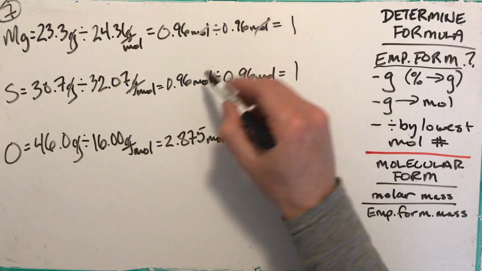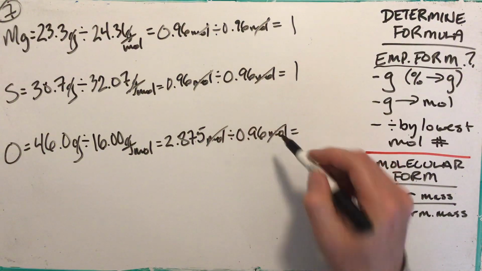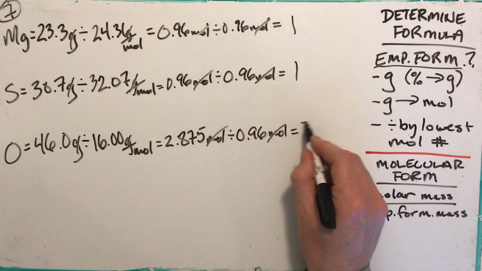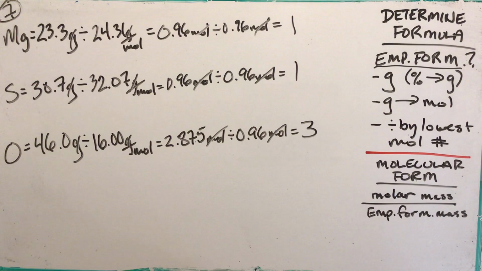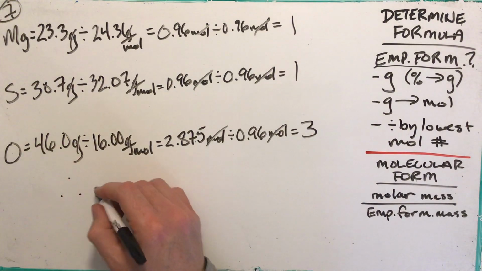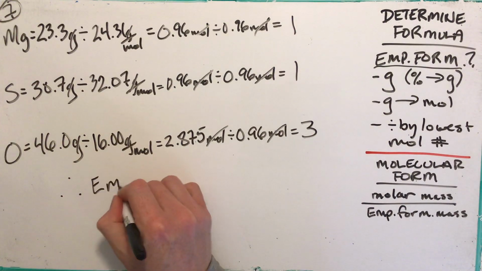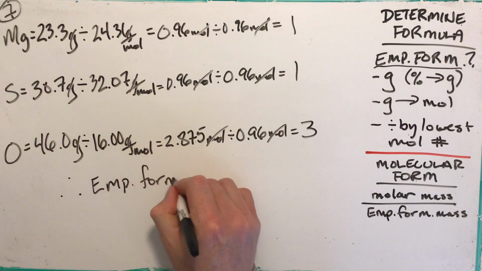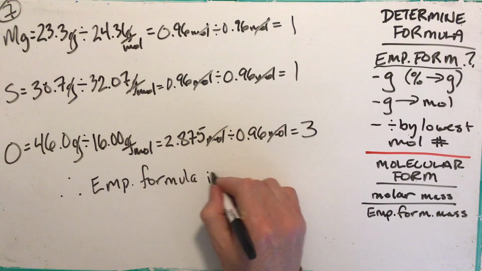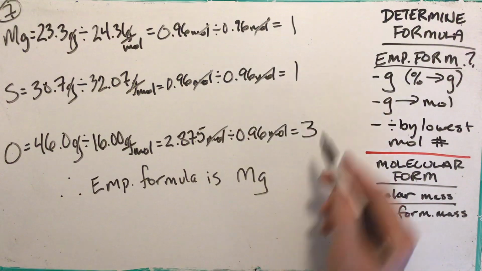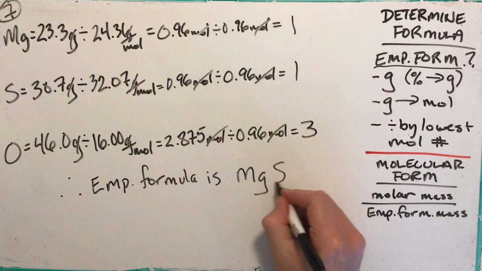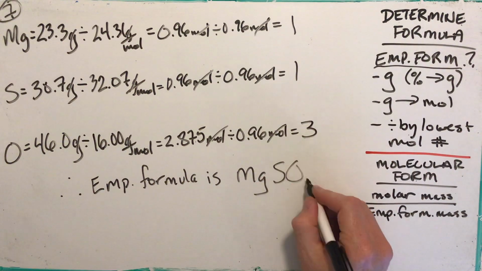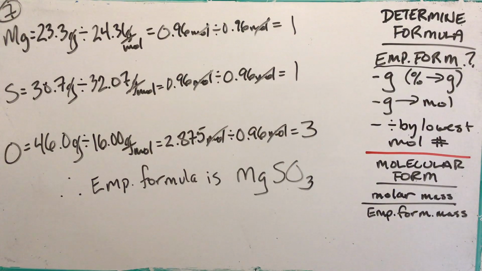Moles divided by moles is going to cancel. And this one ends up being 3. So our empirical formula is Mg 1, S 1, and O 3. So MgSO3. And that's all that one asked for, was the empirical formula, right?